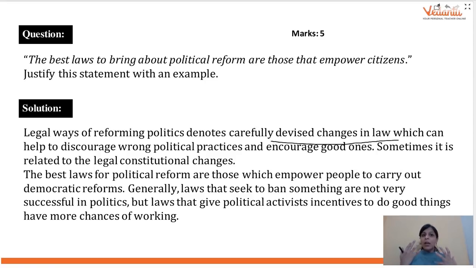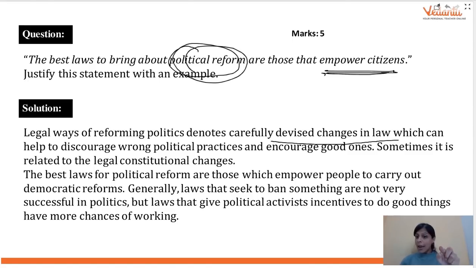Similarly, when you talk about political reforms, we all talked about how it empowers. You can choose a few points, but if you talk about political reforms, you have to answer this point also. The legal ways are, for example, you can change the policies, you can empower the people, you can seek a ban on something that's not good for the country. For example, we talked about the anti-defection law.